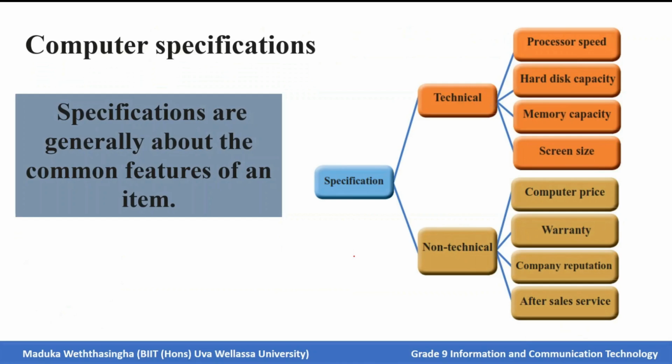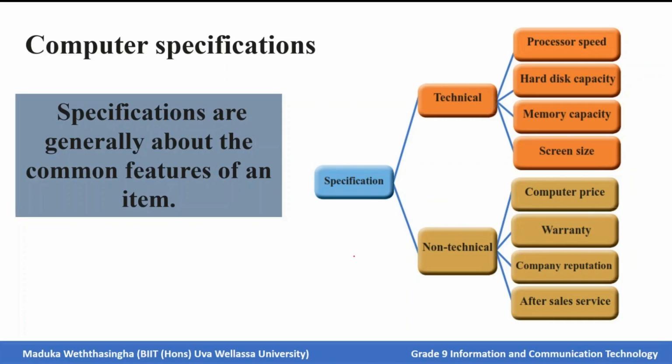As shown in this diagram, specifications are mainly of two types: technical and non-technical. When we consider technical specifications, we need to be concerned about processor speed, hard disk capacity, memory capacity, screen size.